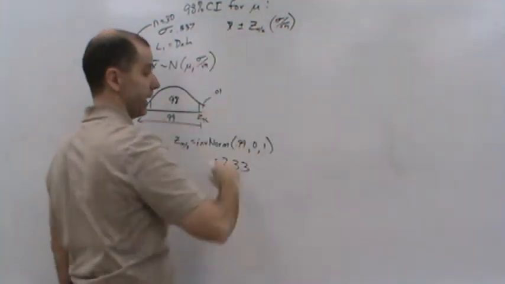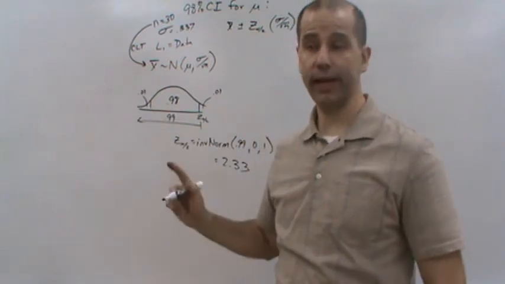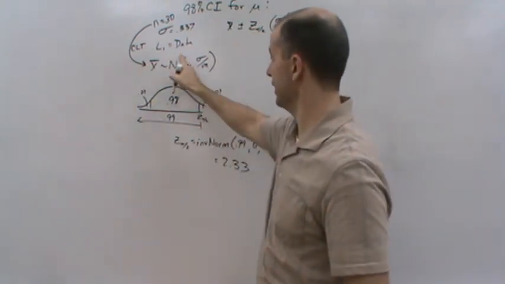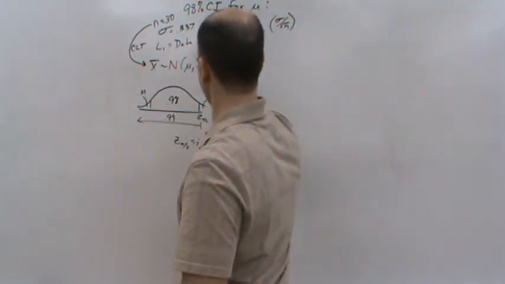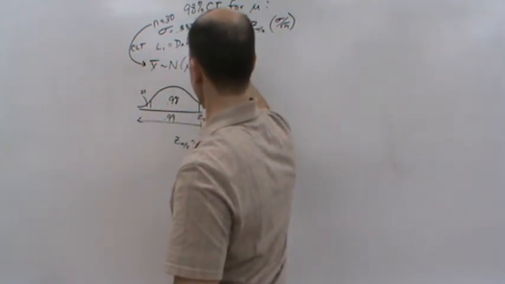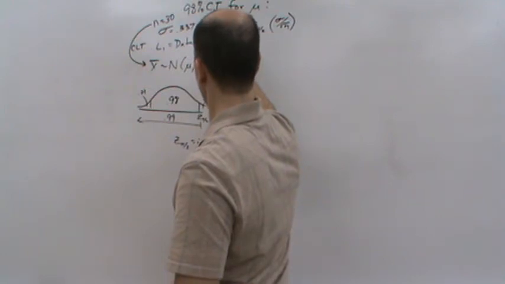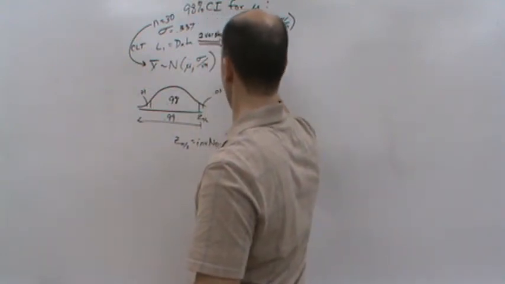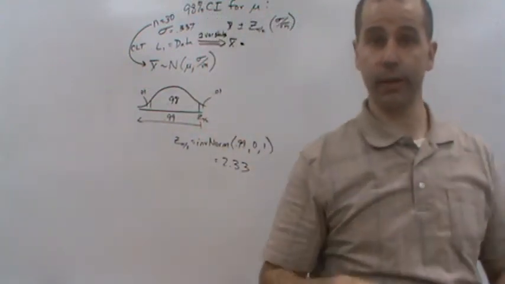Now the only thing we don't know is x bar, but what can we use to find x bar? We can use the data in L1, and we can get x bar by using 1-Var Stats on your calculator, and then x bar we can get as part of the output.